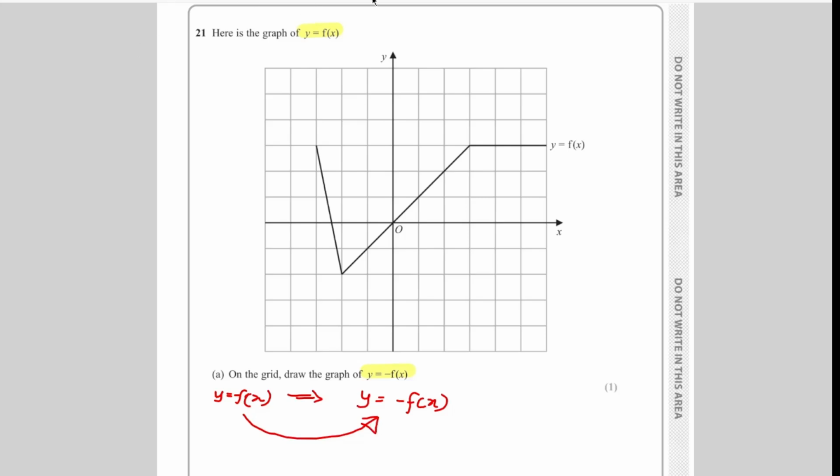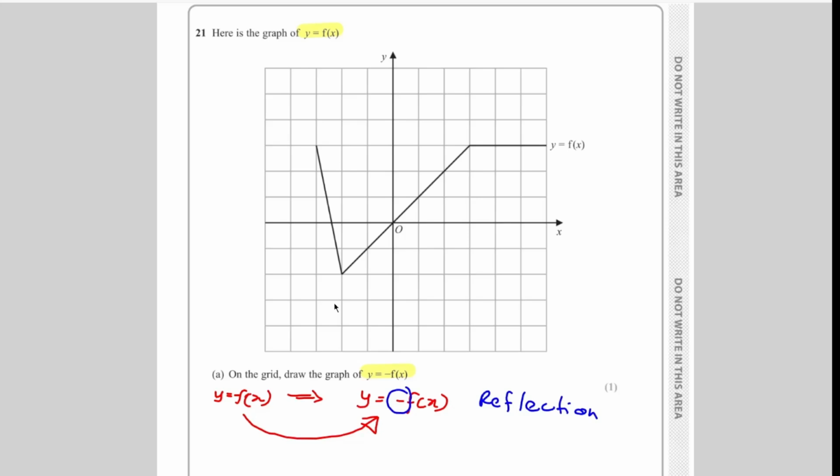Always we are comparing the original one to the transformed one. What has happened to the original one using the transformation? So how do you spot what has happened? Can you see here the negative sign? As soon as you spot this negative sign, it means there is a reflection. Reflection means like a mirror. If you go in front of a mirror, you can see your image.